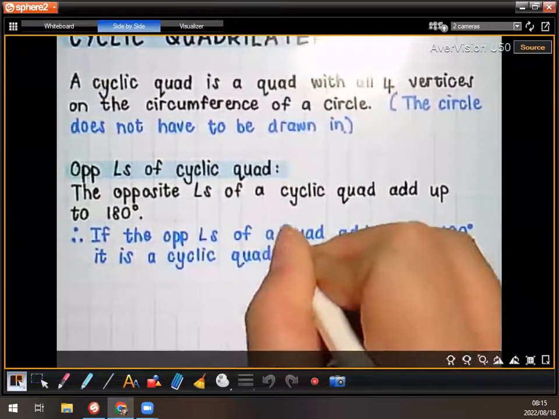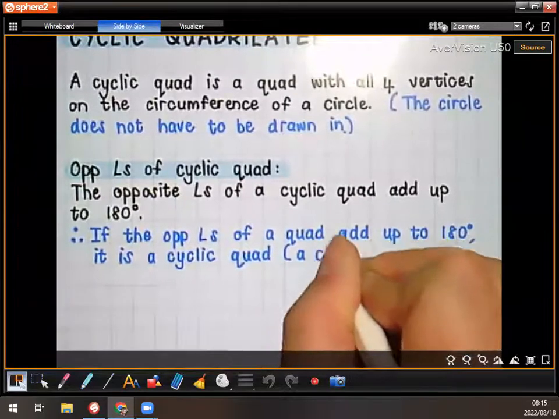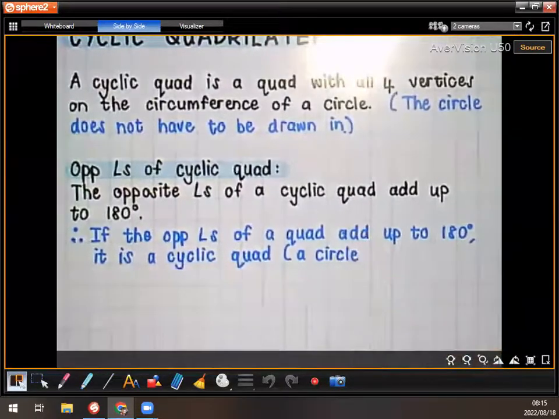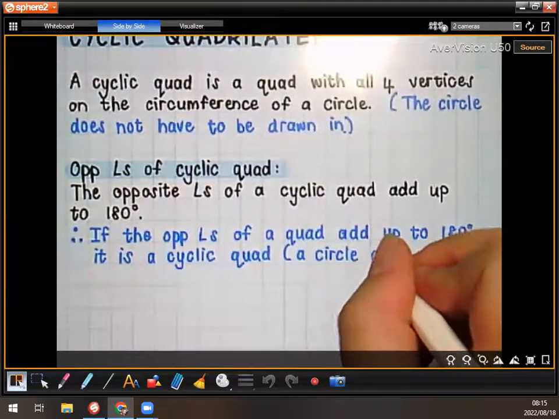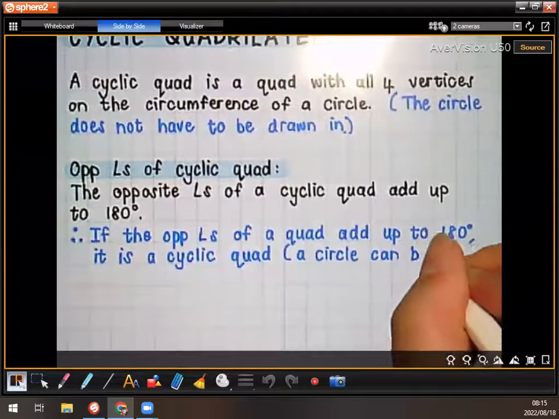And basically what that means is that a circle can be drawn going through those four points. But I'll show you on the pictures also. If you're confused, don't stress.